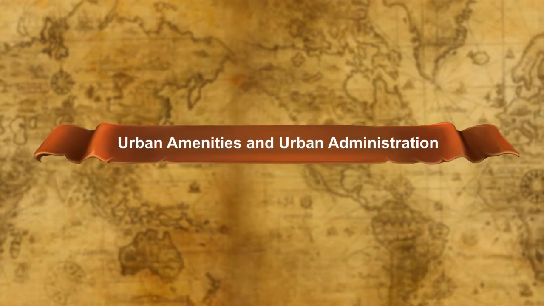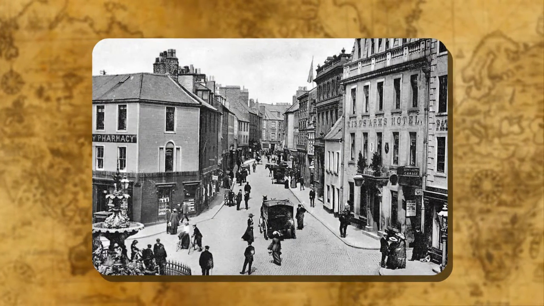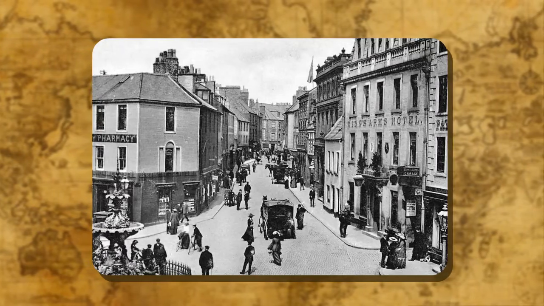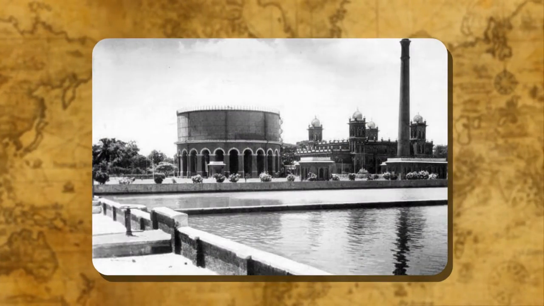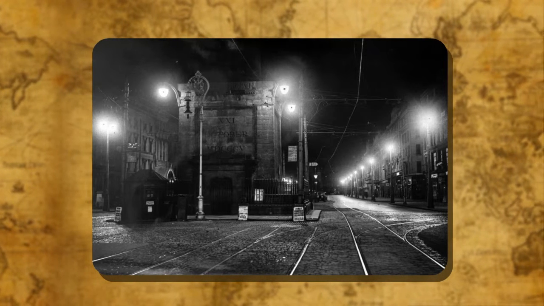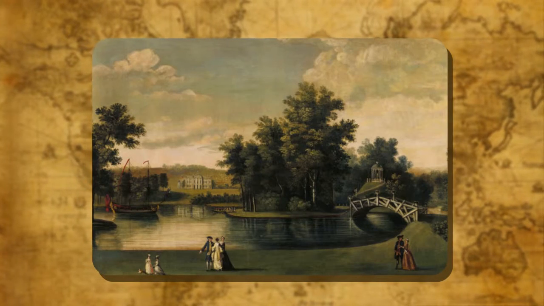Urban amenities and urban administration. One of the major benefits of the British rule was the improvement in civic amenities in some major cities. At least piped water supply, street lighting, domestic electricity supply, sewerage, modern shopping areas, parks, and playgrounds for recreation were established in a number of cities.